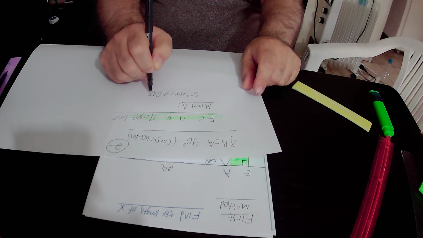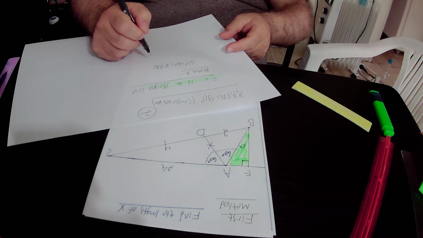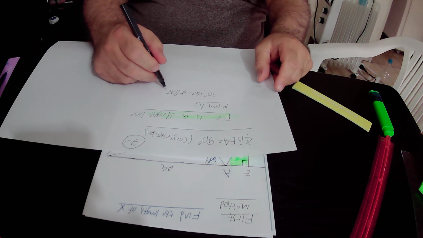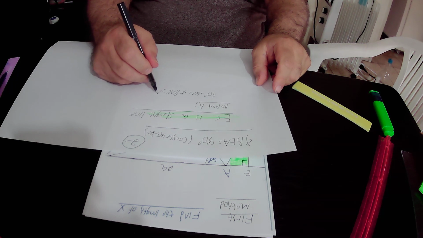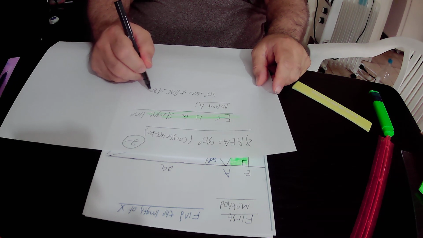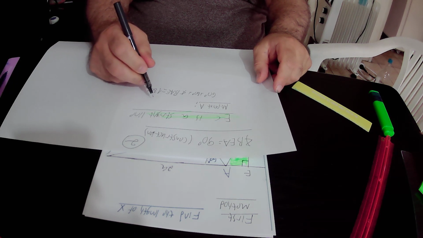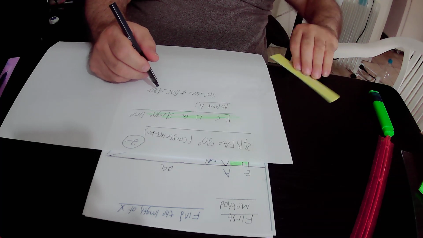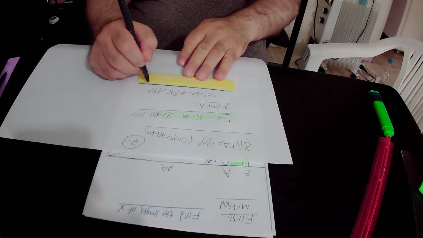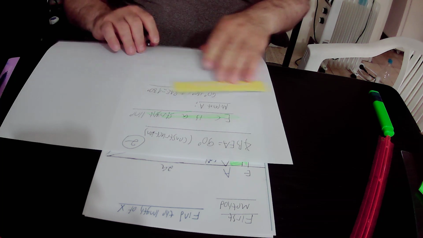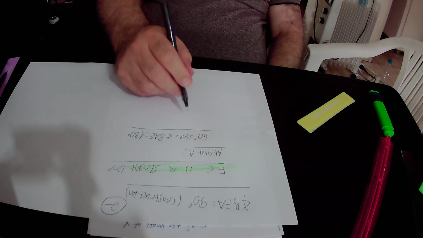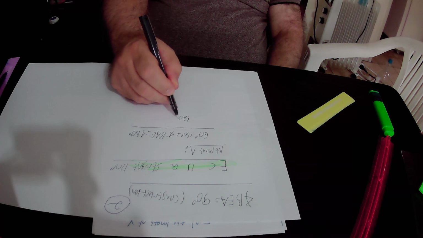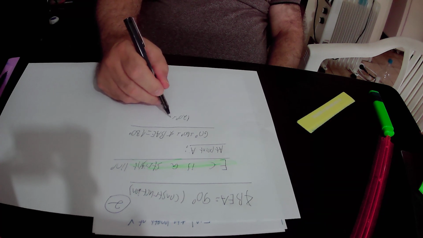In total, the sum of those three angles must be equal to 180 degrees, according to the rule that the sum of the angles on one side of a straight line is equal to 180 degrees. Okay, so we have here 60 degrees plus 60 degrees is 120 degrees plus angle BAE.